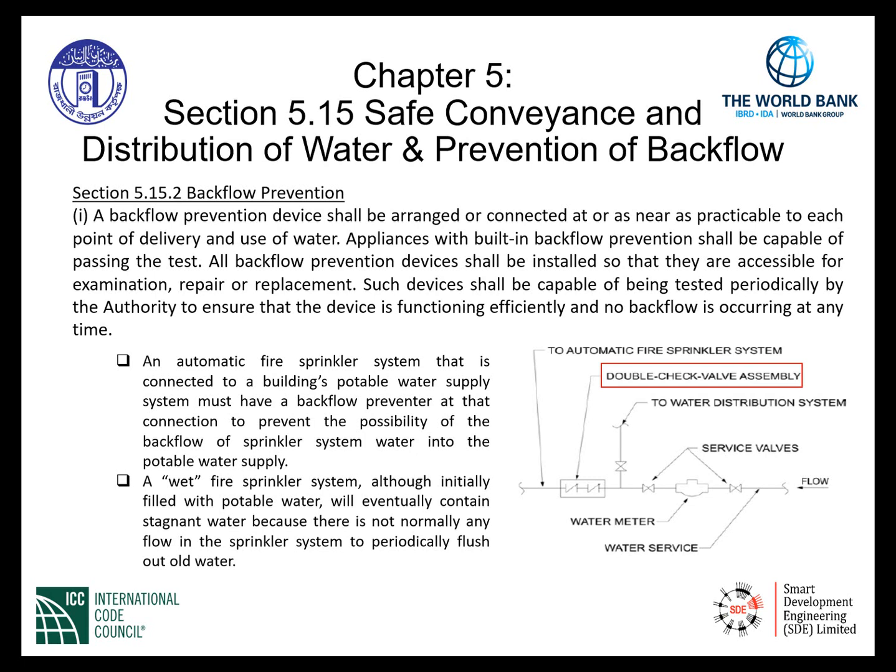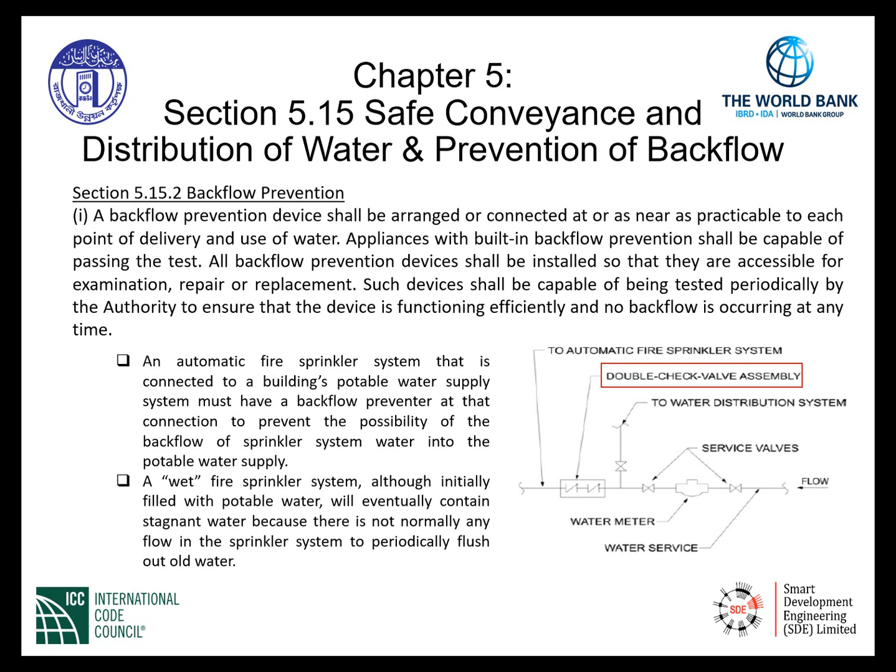A wet fire sprinkler system, although initially filled with potable water, will eventually contain stagnant water because there is not normally any flow in the sprinkler system to periodically flush out old water. Therefore, we must have some type of backflow preventer.